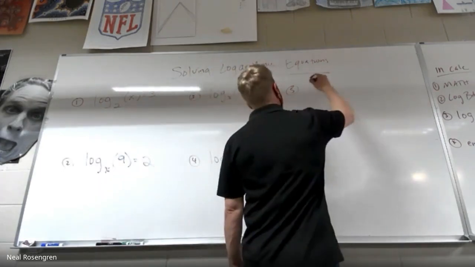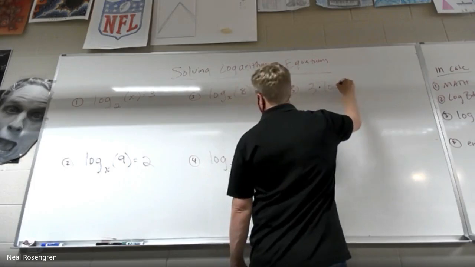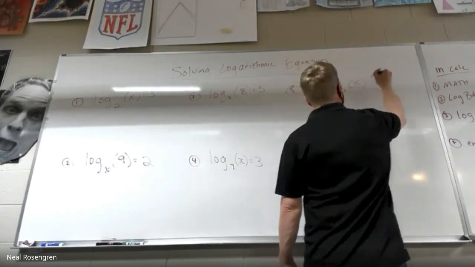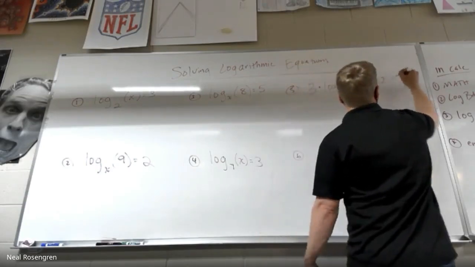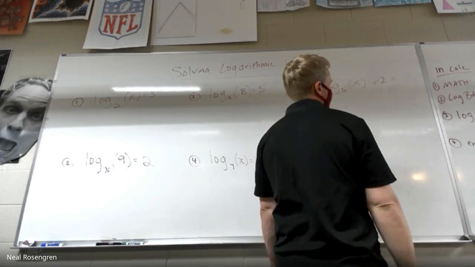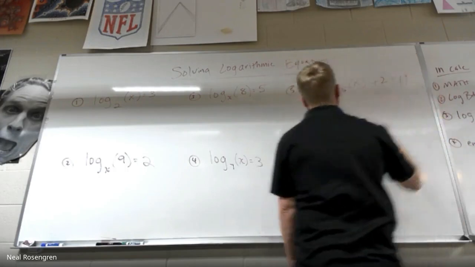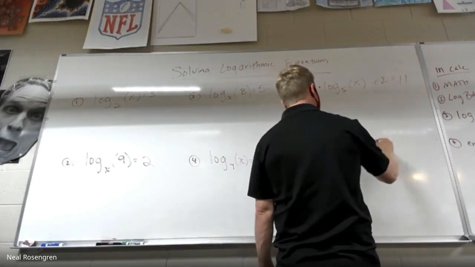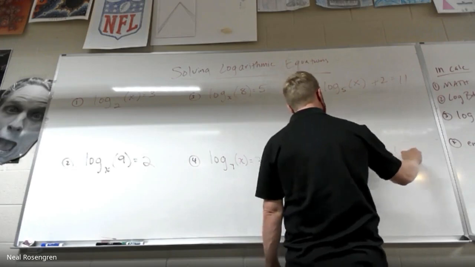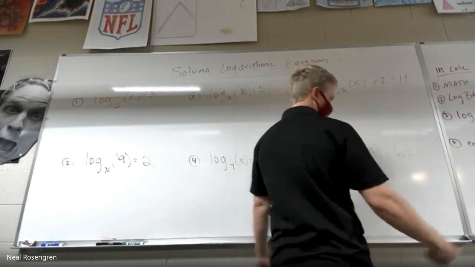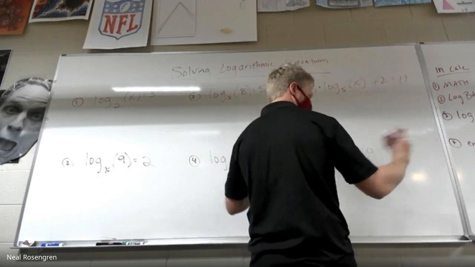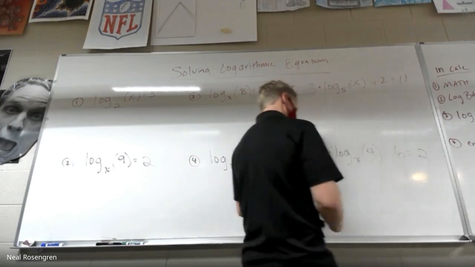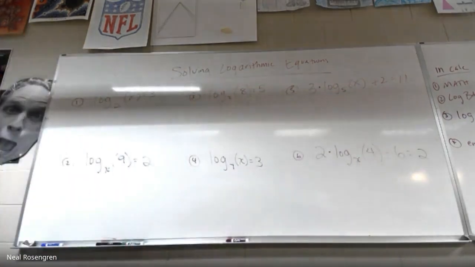All right, let's get some multiplication going. 3 times log base 5 of x plus 2 equals 11. And 2 times log base x of 4 minus 6 equals 2. All right, give those a shot.